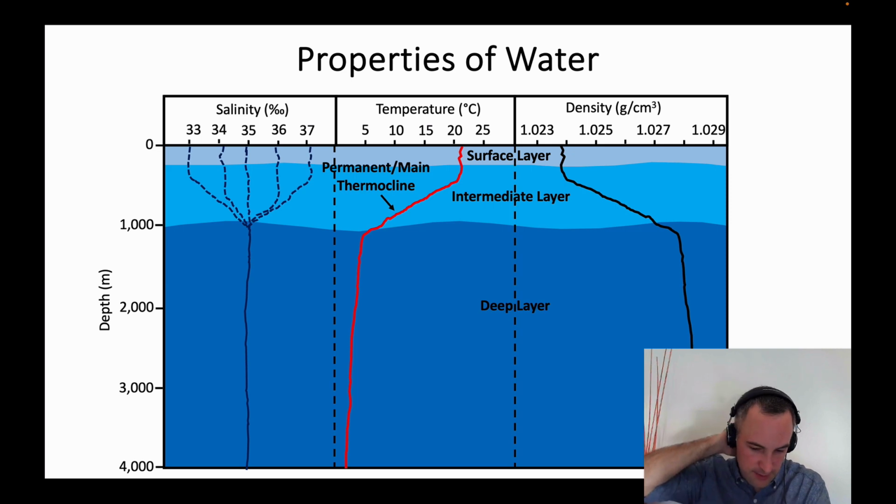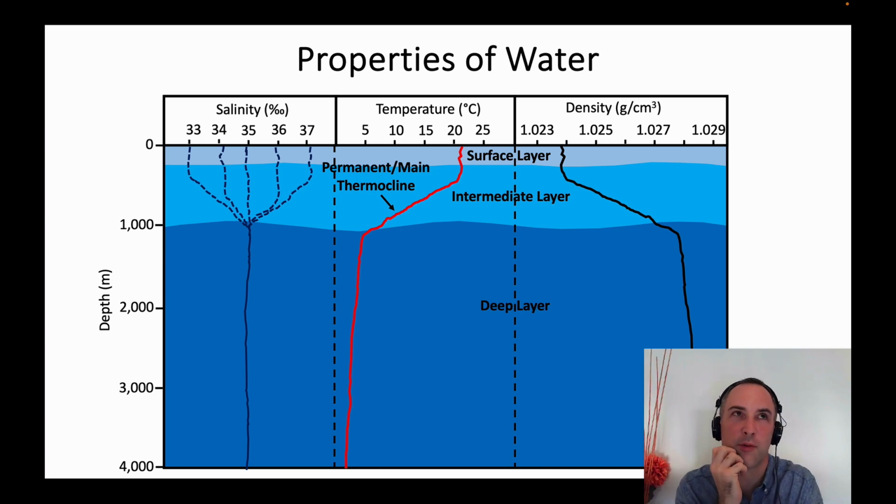Now, that's a really important concept, because if you think about where we have colder water and higher density, we're going to think about places in the world where water would typically be sinking. When it comes to temperature, water has very high heat capacity, so it can store quite a bit of heat.